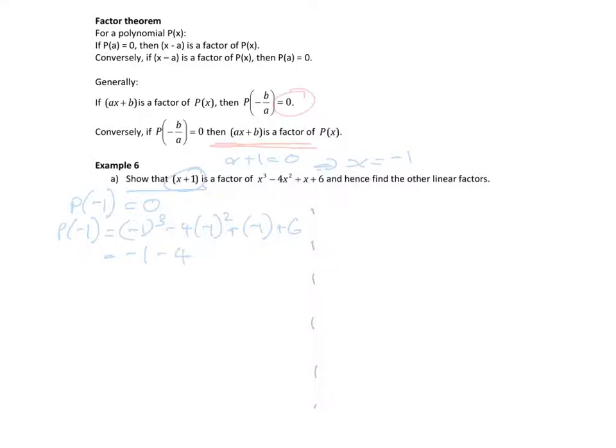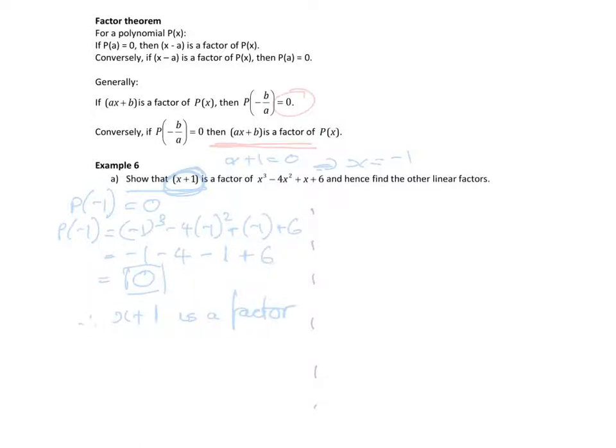Positive times a negative is a negative, so minus 1 plus 6. Minus 1 minus 4 is minus 5. Minus 6 plus 6 is 0. So because our remainder is 0, it means that x plus 1 is a factor. It is a linear factor.